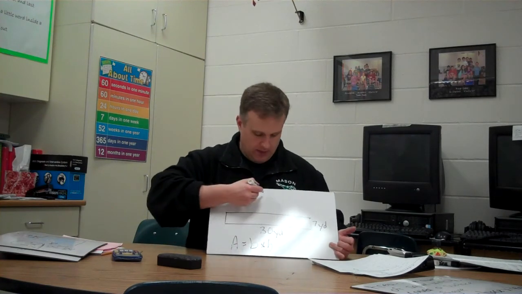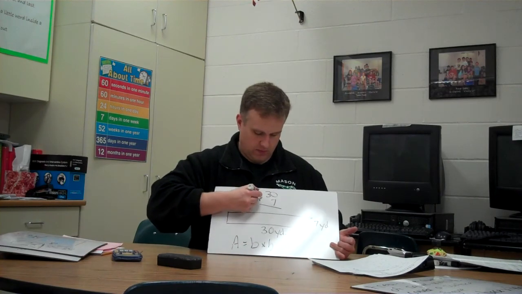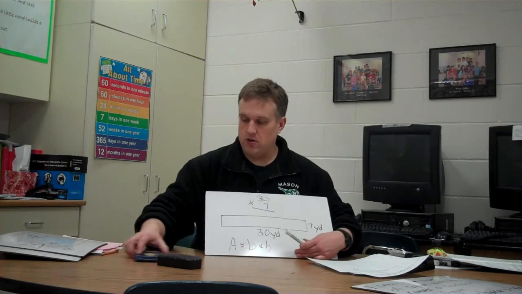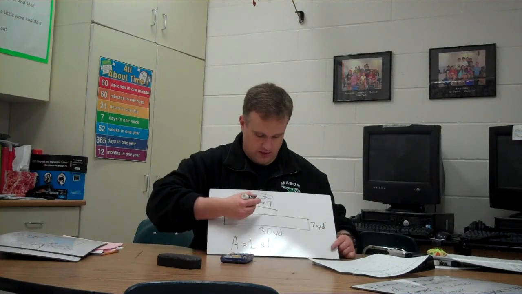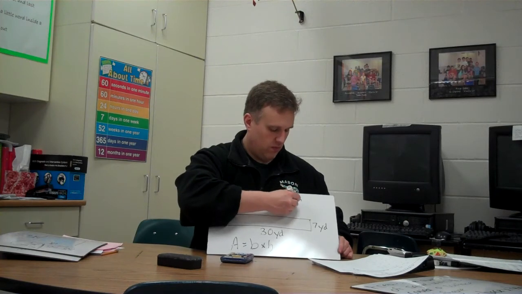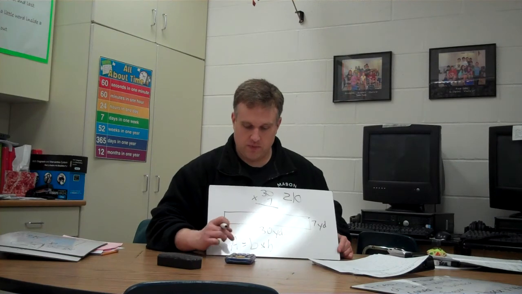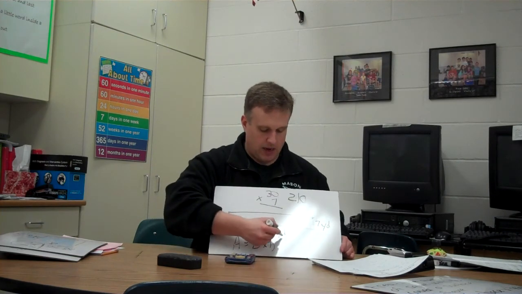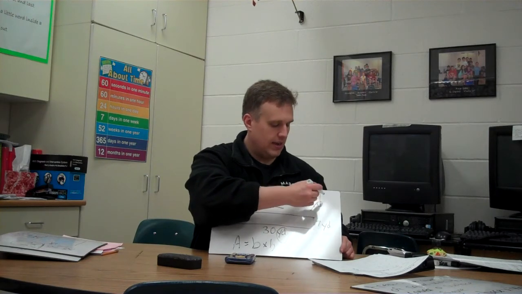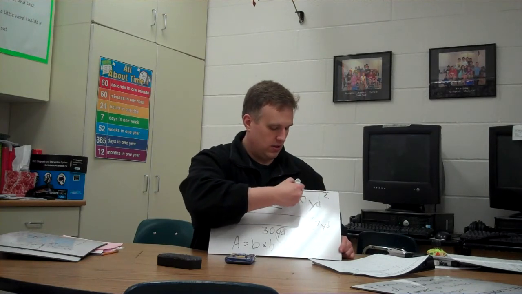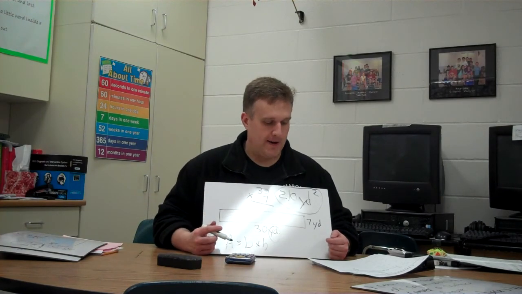My base is 30. My height is 7. Okay, so I will use my calculator. 30 times 7 equals 210. We'll double check my work. 30 times 7 equals 210. So again, my label is a little bit different this time. It's in yards. And again, I need to square it. So 210 yards squared.